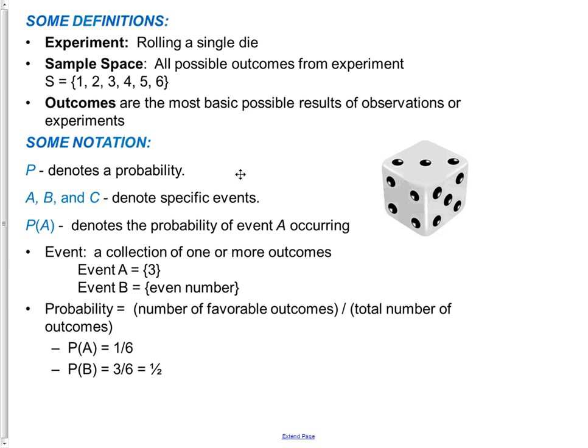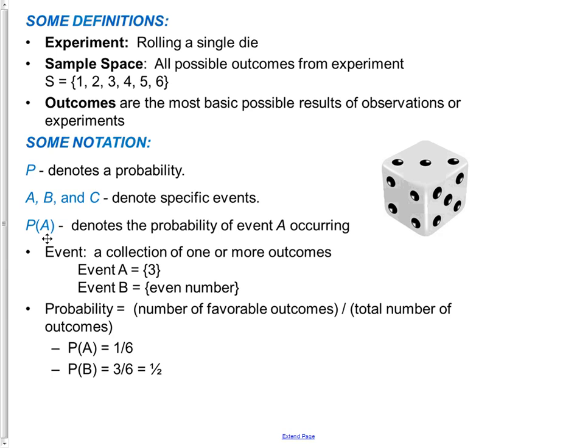Some notation: we use the letter P to represent probability, and we might use capital letters A, B, and C, and so on to represent specific events. When we write P of A, we're saying the probability of event A occurring.